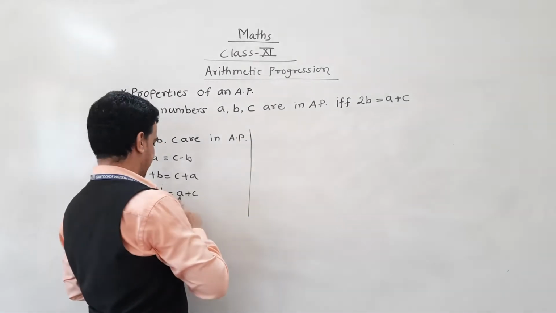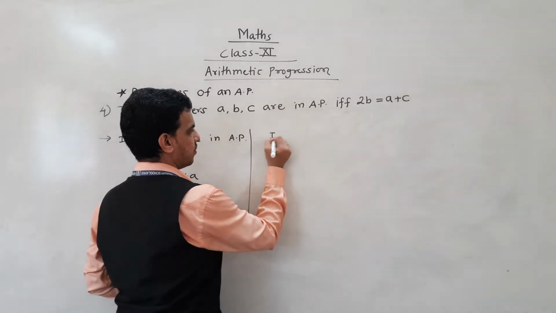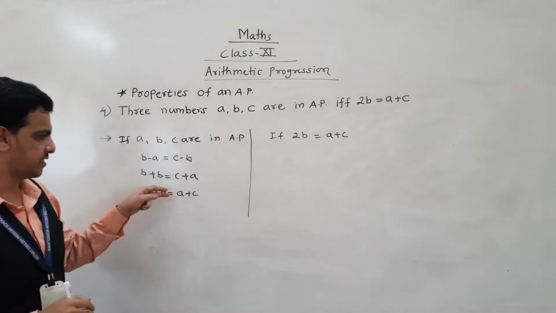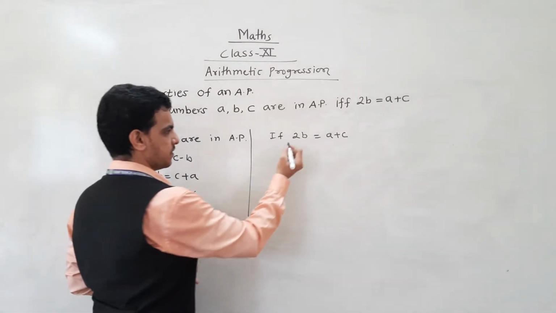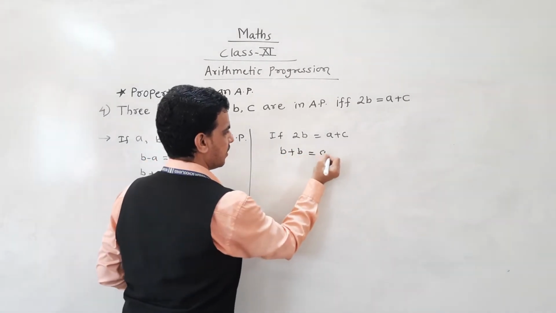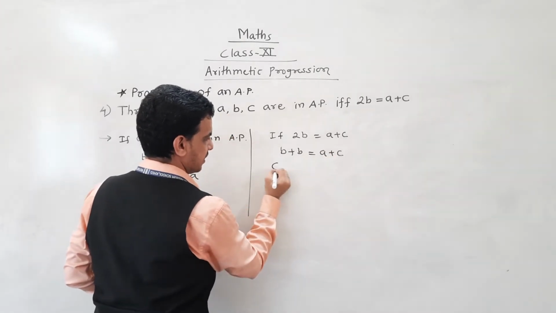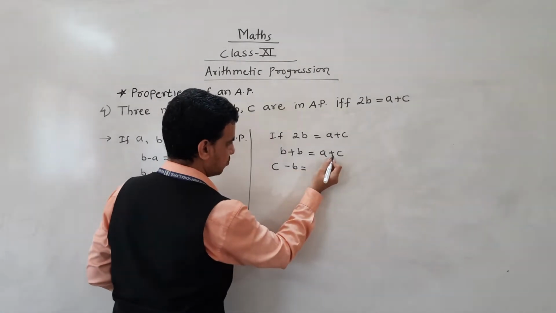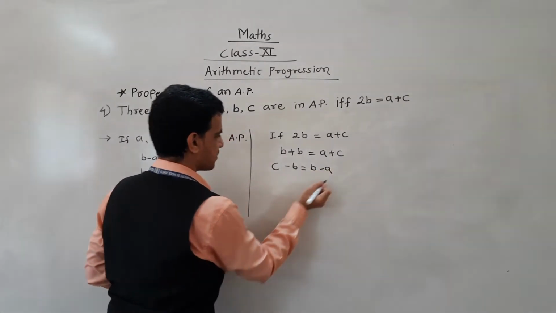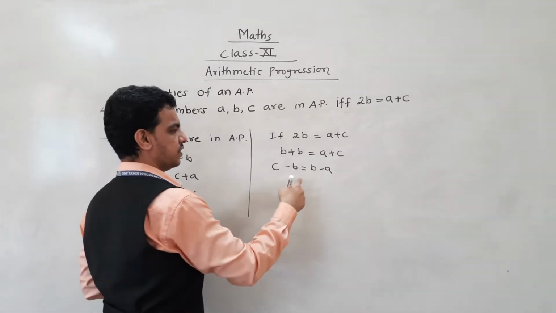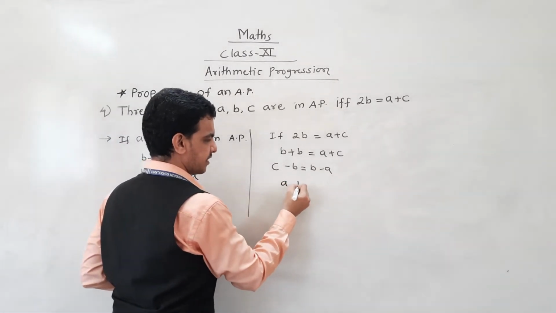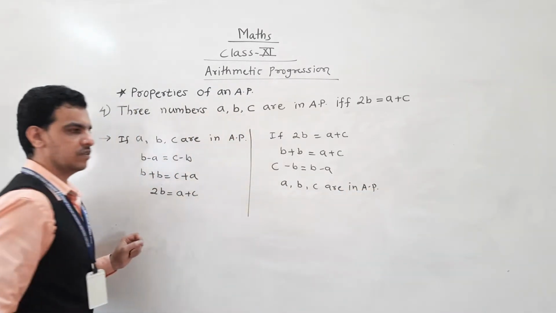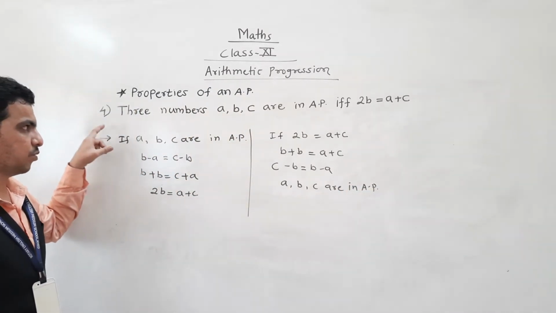Okay, and conversely, if 2b is equal to a plus c, again if we write the steps in reverse order, 2b is equal to a plus c means b plus b is equal to a plus c. Then c minus b is equal to b minus a. So the difference between the terms is equal, which means a, b, c are in AP. Okay, so this is an important property.